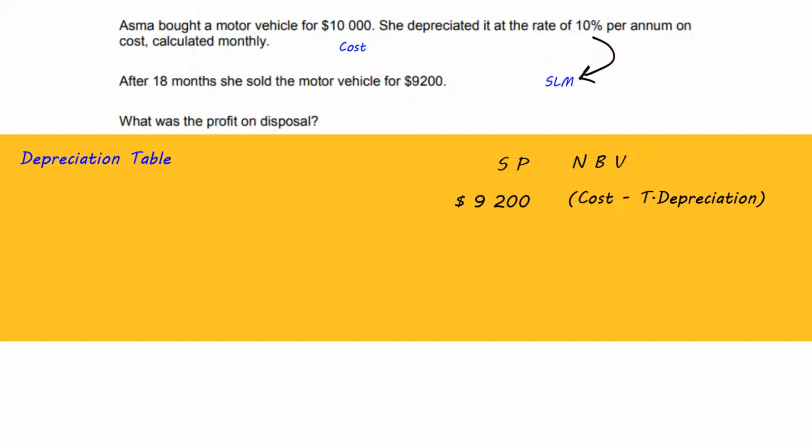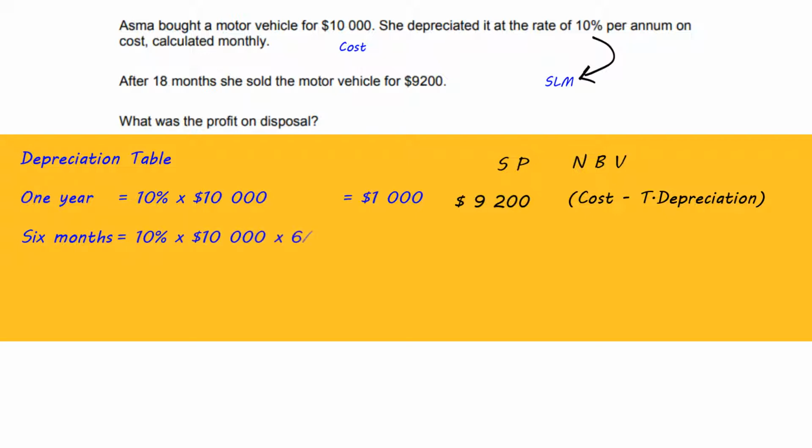So as I've always said in my previous videos, to do this type of question, it's always good to do the depreciation table beforehand before you attempt the question. That way, once you got your total depreciation out of the way, then solving this question will be really easy. So we know the vehicle was with us for 18 months. So that is 1 year and 6 months. Depreciation for 1 year would be 10% of 10,000, which is $1,000. Whereas for 6 months, we would prorate the depreciation by multiplying it again with 6 months out of 12 months.